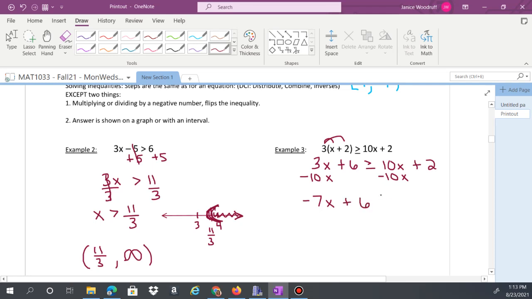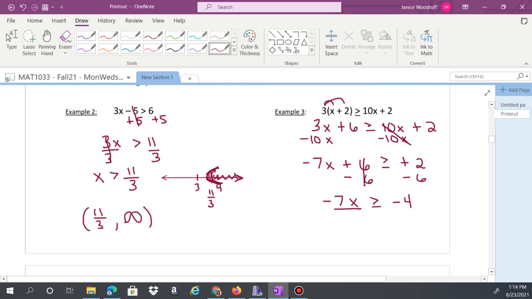Bring down the plus 6. These canceled. I'm left with a positive 2 over here. Okay, then I'm going to take this plus 6 and subtract it from both sides. That's going to leave me with negative 7x is greater than or equal to negative 4.